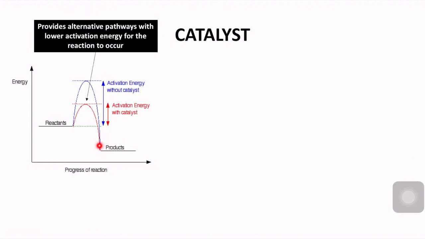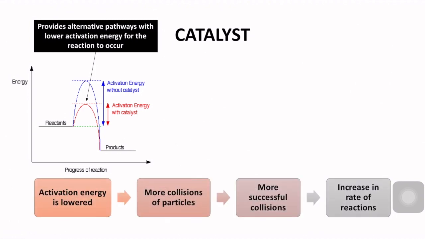So the catalyst actually lowers down the activation energy. Therefore, when activation energy is lowered, more collisions of particles can occur, more successful collisions that can overcome the activation energy. Therefore, there will be an increase in rate of reaction.